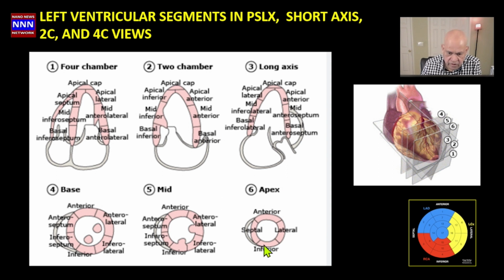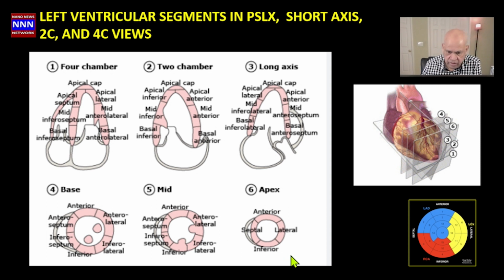In fact, we are not seeing the inferior wall. We are seeing the inferolateral region because the beam is going this way in parasternal long. And in the four-chamber view, the beam is going the other direction, from inferoseptal to anterolateral.